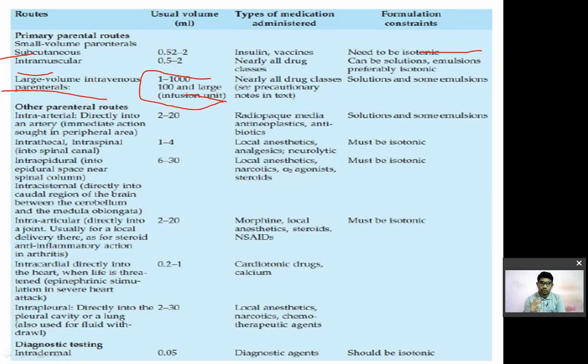So if you want to inject 20 ml by intravenous route, then you have to inject that solution into an already attached intravenous fluid. So remember, several liters of volume can be administered by intravenous route.